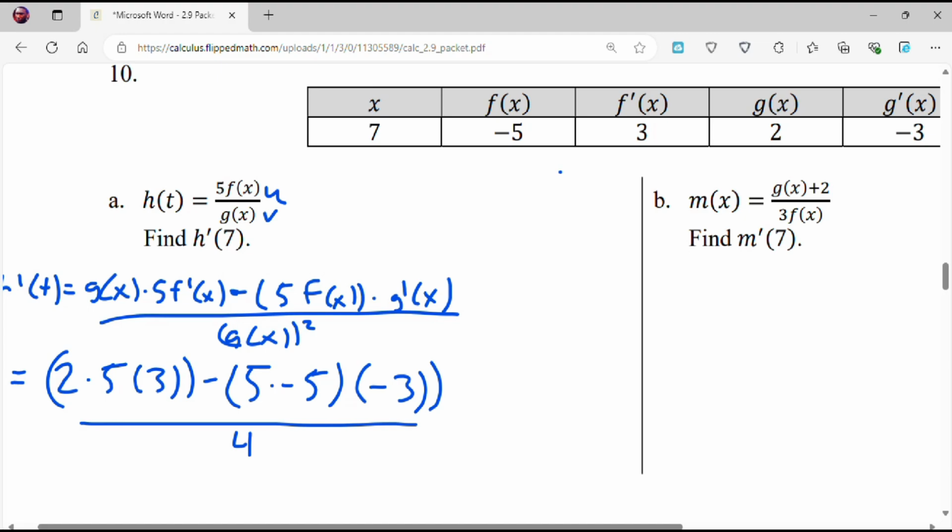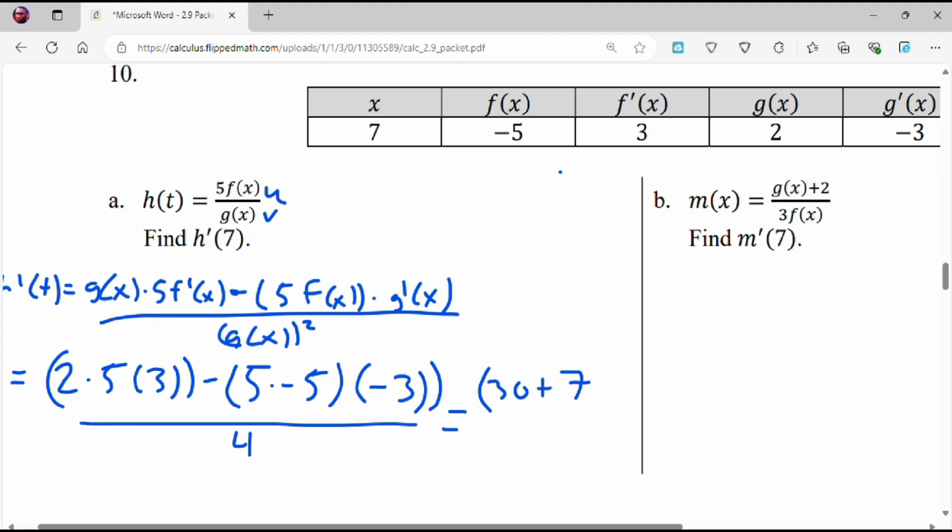So now we're going to reduce this. So 2 times 15 is 30. Minus, okay, 5 times negative 5 is negative 25. Sorry, hold on. 5 times negative 5 is negative 25.